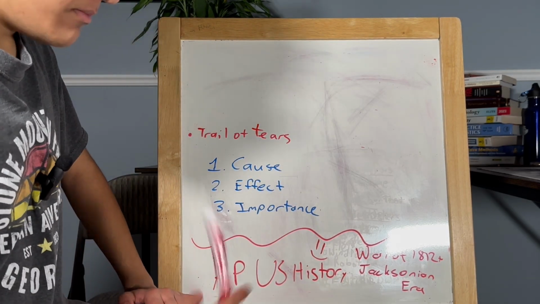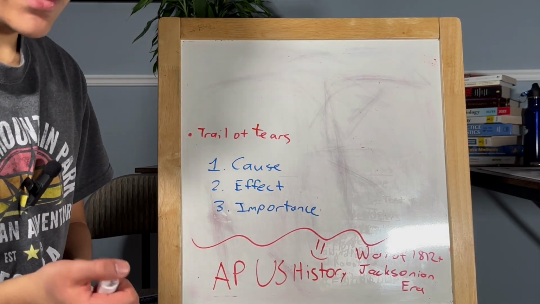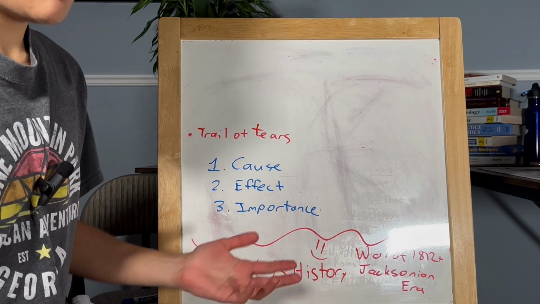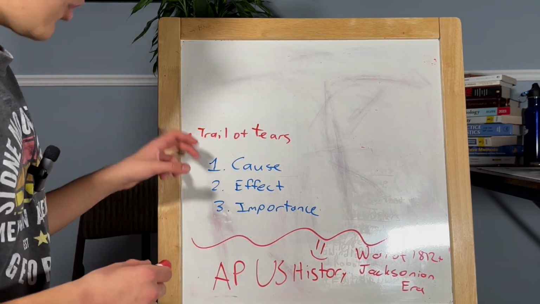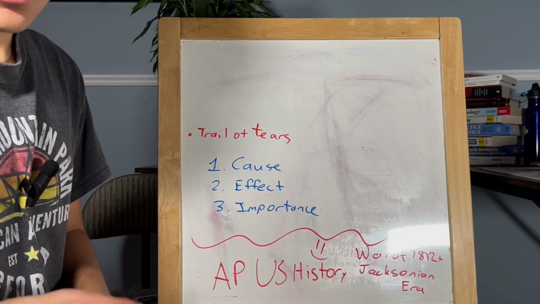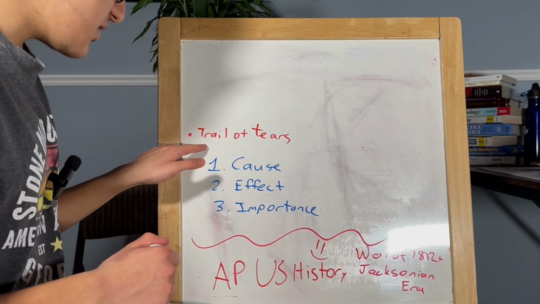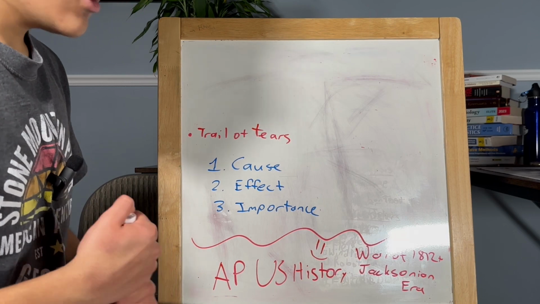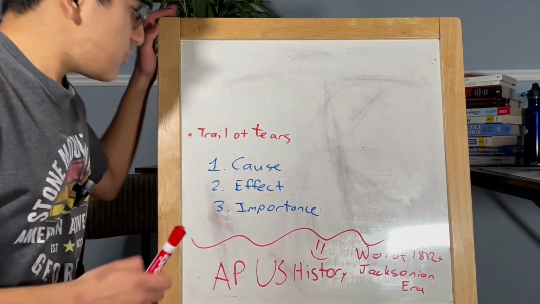However, in essence, Jackson is like, you can't tell me what to do, and condones the defiance against the Supreme Court. This leads to the Indian Removal Act and the Trail of Tears.